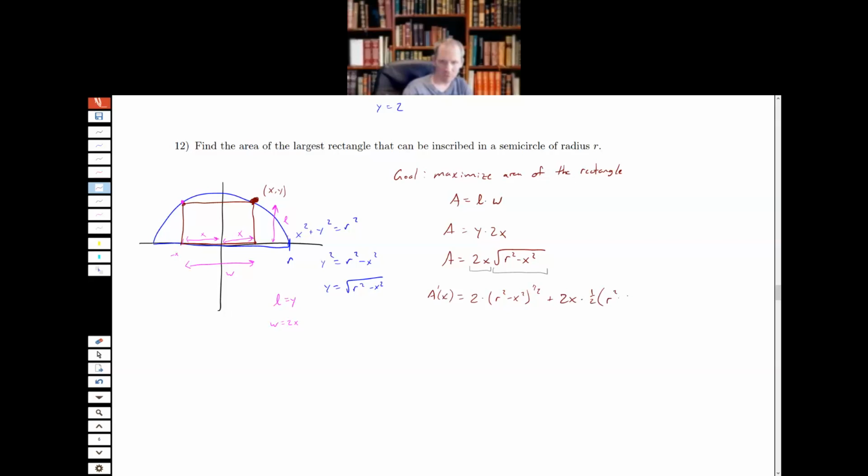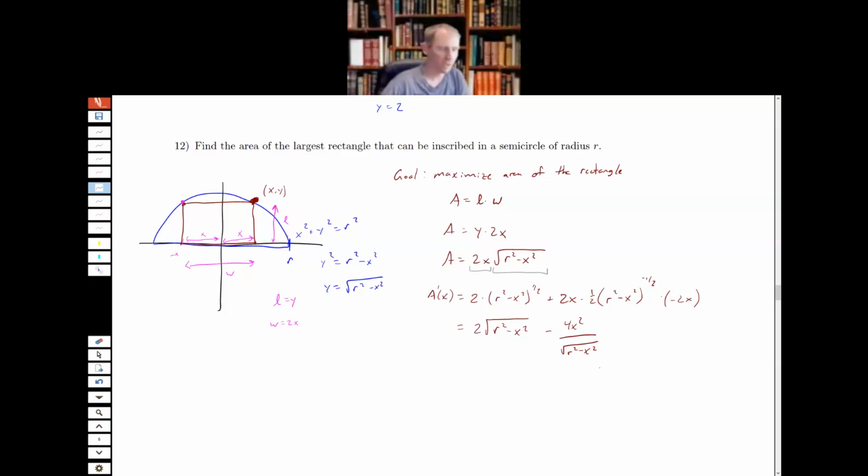So the half comes down, r squared minus x squared to the power of negative half, times the derivative of the inside stuff. r is a constant, so the derivative of r squared is 0, and the derivative of negative x squared is minus 2x. So we have 2 square root r squared minus x squared minus 4x squared over the square root of r squared minus x squared. That's our derivative.